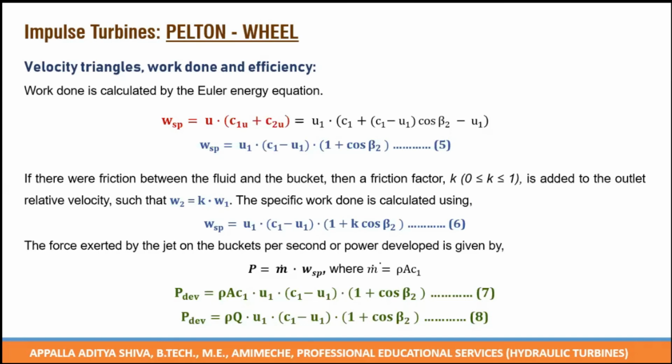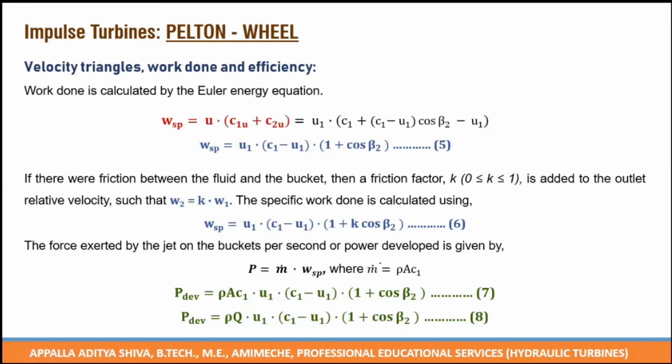We have to remember that the fluid strikes the bucket initially with the absolute velocity C. However, when it leaves the bucket, it comes out with relative velocity W. So therefore, we make this change. W2 is equal to K times W1. And therefore, W specific is equal to (1 plus K cos beta 2) times the previous term. This is the specific work done.